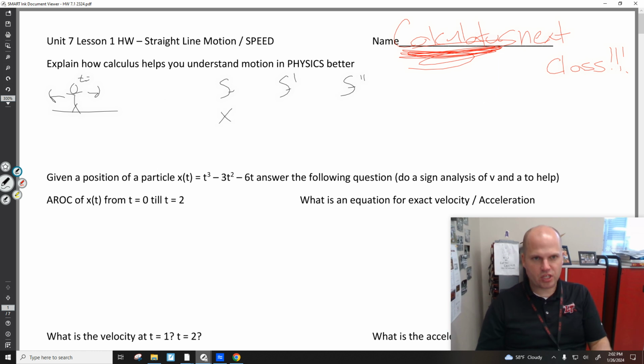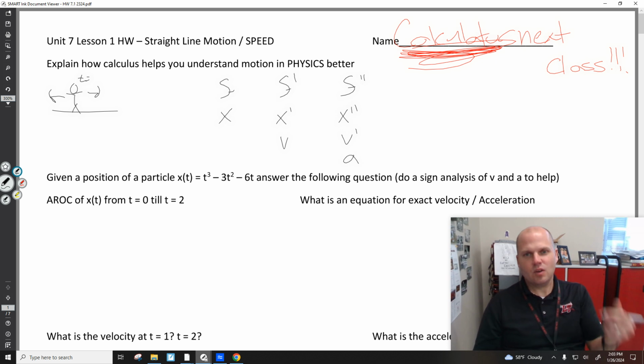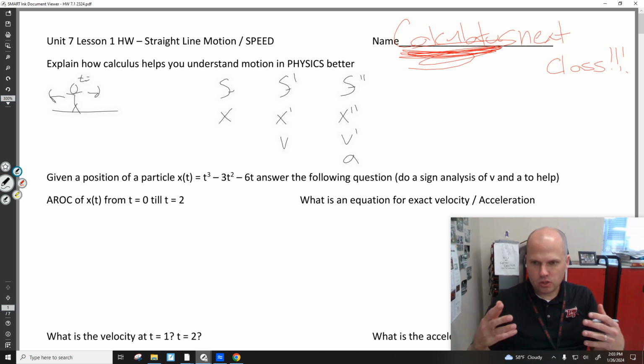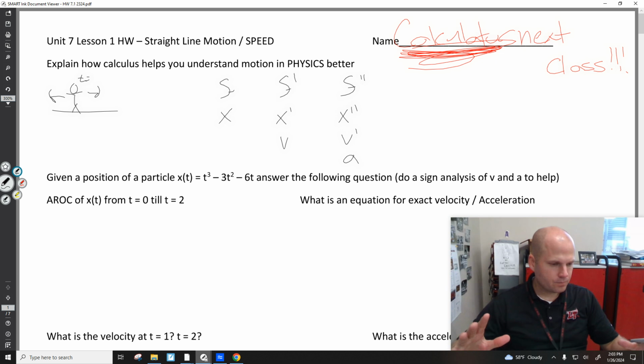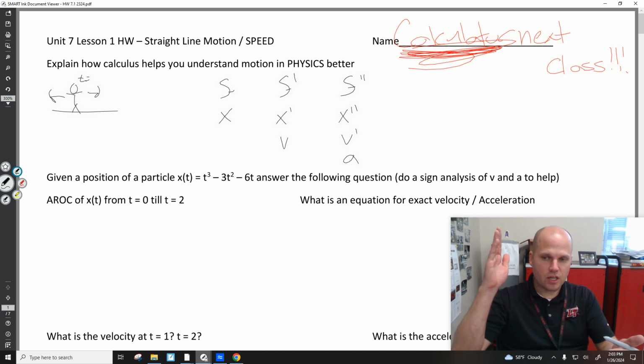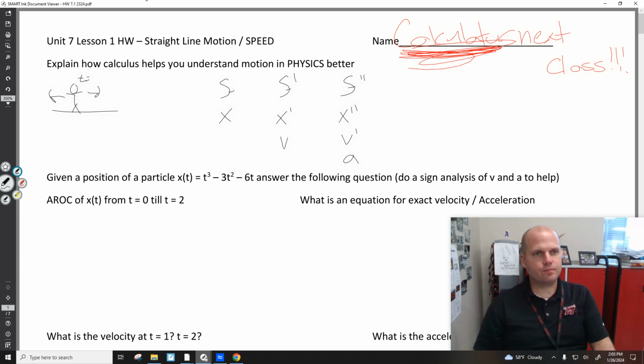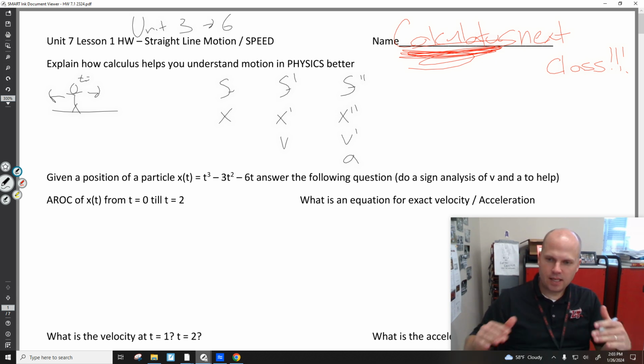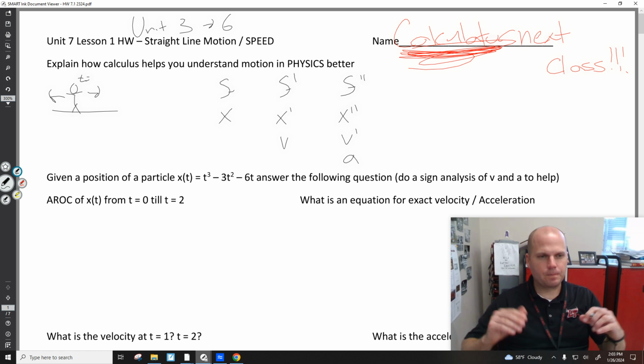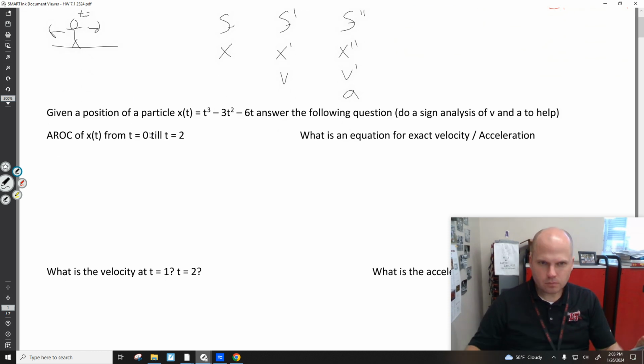Well, we have this position whose rate of change is a velocity, whose rate of change of velocity we call acceleration. Okay, so this first lesson of the unit is a repeat of Unit 3 and a little bit of Unit 6, just with different words. Okay, so let's get into it.